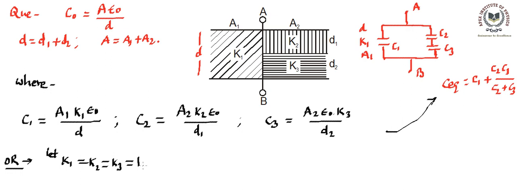If we consider it to be 1, then our answer should come out the same as the original. Options which satisfy this condition will be candidates for the answer, and options which do not satisfy this condition will not be part of the answer, so those options can be eliminated.